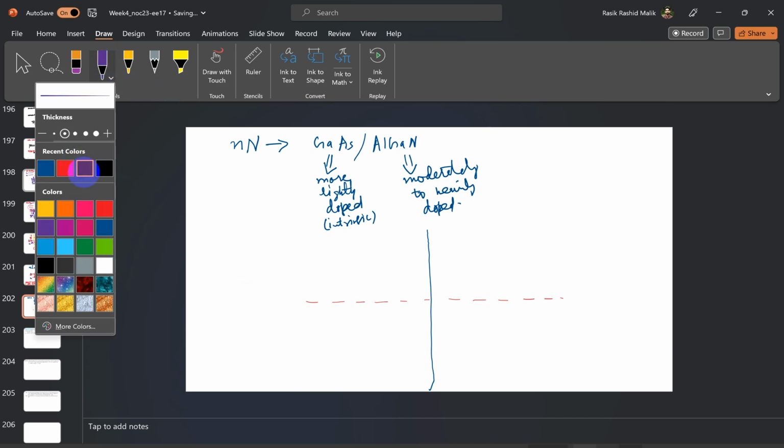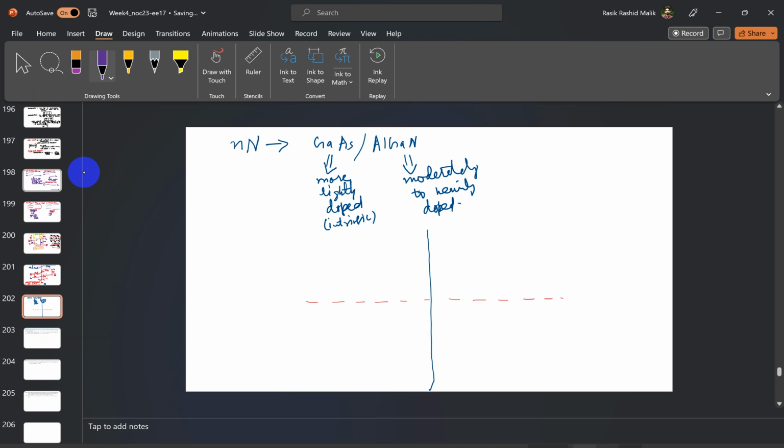As I said, the wider bandgap material is more heavily doped, and when the junction is formed, at the interface there will be depletion of carriers, so it will look more like this on the wider bandgap side, and there will be similar bending in the conduction band.